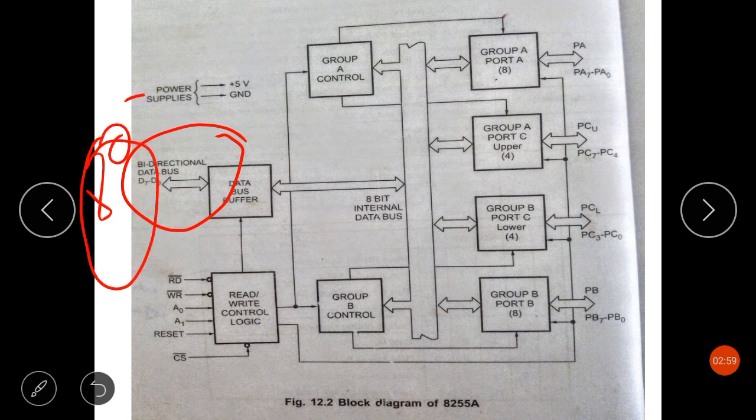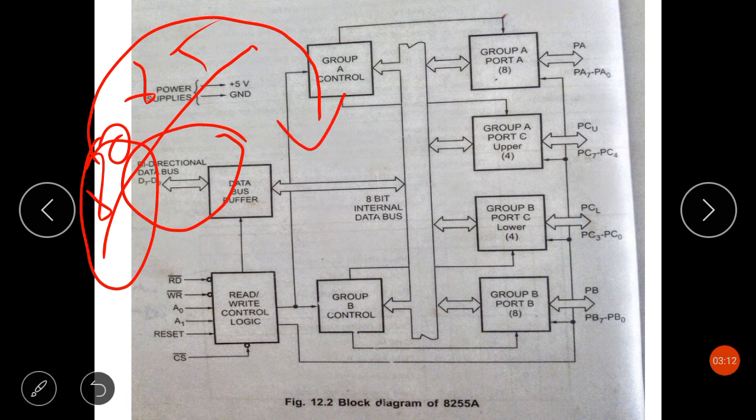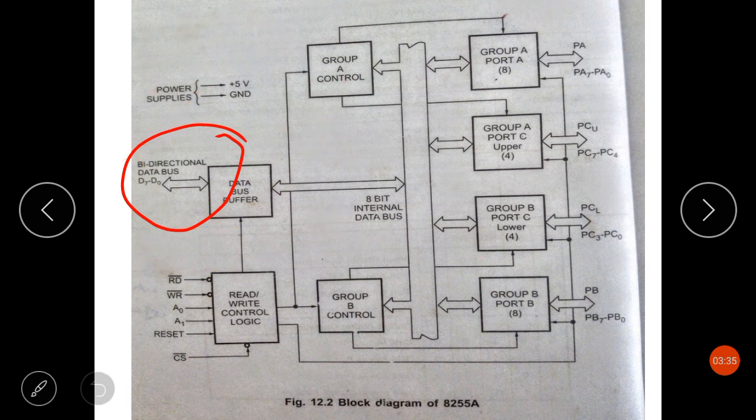They are used to transfer data and control word from 8085 to 8255, and D0 to D7 can also be used to receive data or status word from 8255 to 8085 microprocessor. So these data buses are basically used for transferring data between 8085 and 8255.